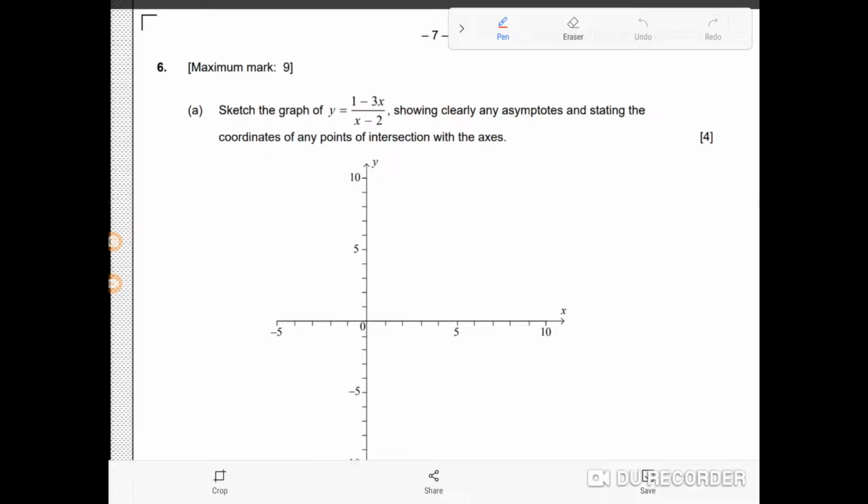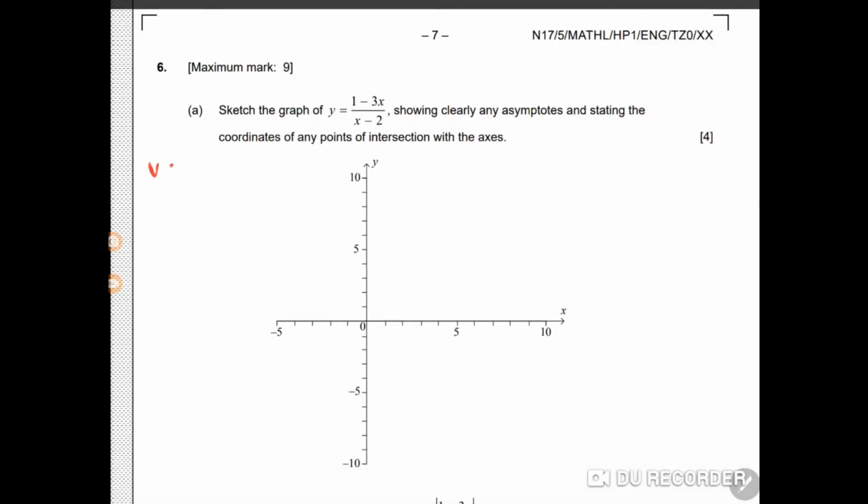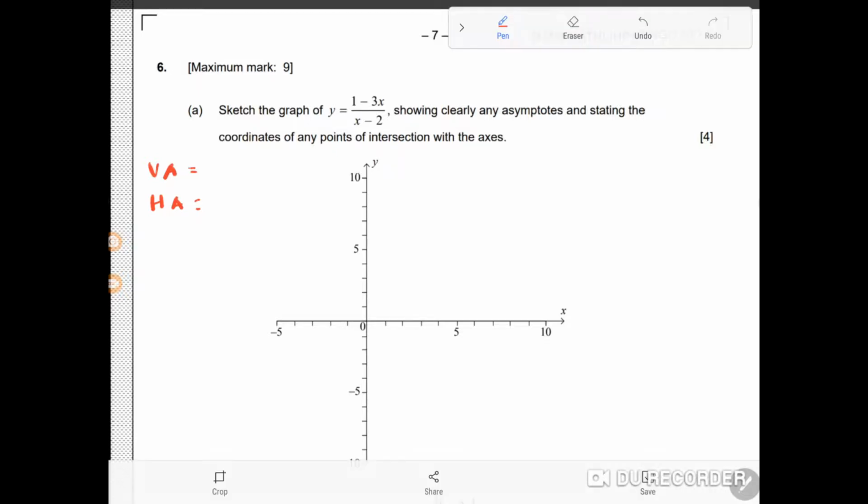First of all, to sketch this graph, you need to find the vertical asymptote. Then the second is the horizontal asymptote. After you get the vertical and horizontal asymptotes, the next step is to find the x-intercept.